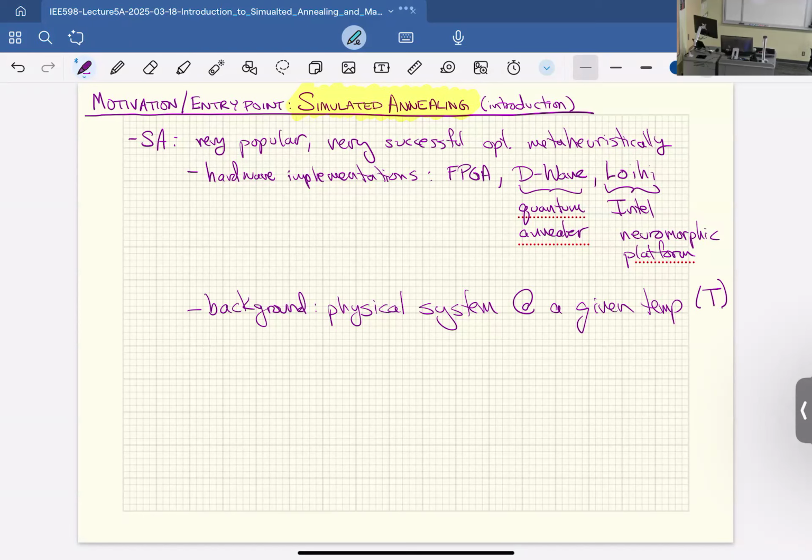That's what I mean by physical system. It's the whole of this chair, the whole of that desk, me. That's what I mean by a physical system at a particular temperature.